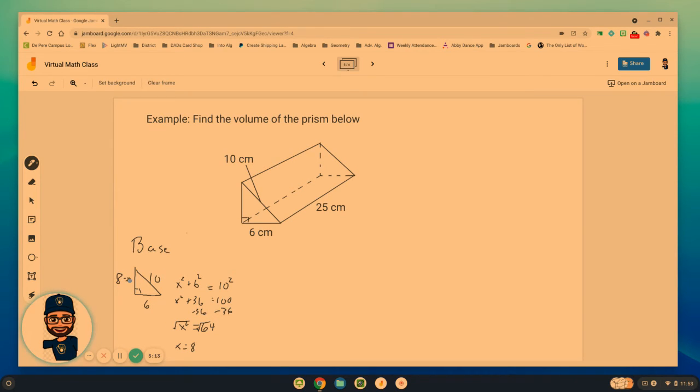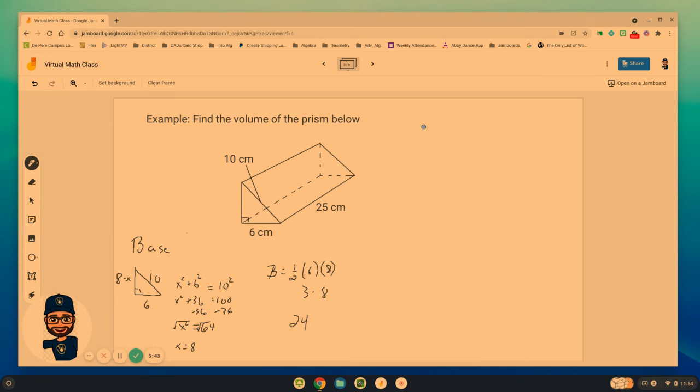And again, we need that as the height, because the base and the height in triangles, in trapezoids and things like that, have to meet at a right angle. So our capital B, the area of the base, is 1/2 times my base, which is 6, times my height, which we just said was 8. Half of 6 is 3. 3 times 8 is 24.